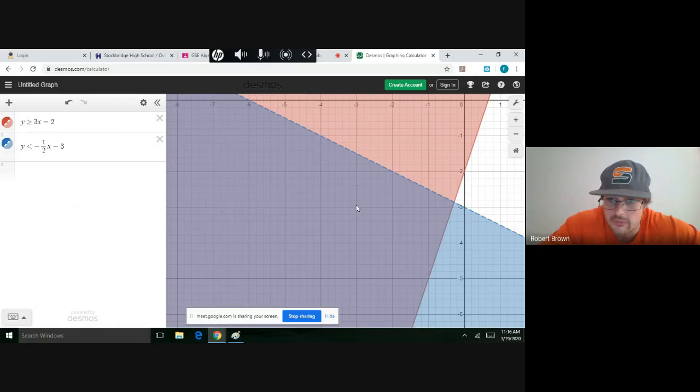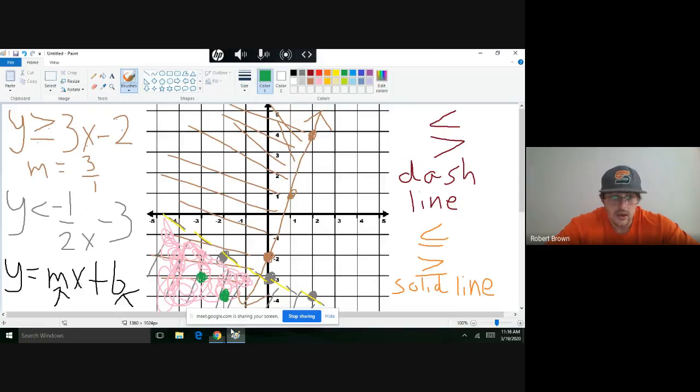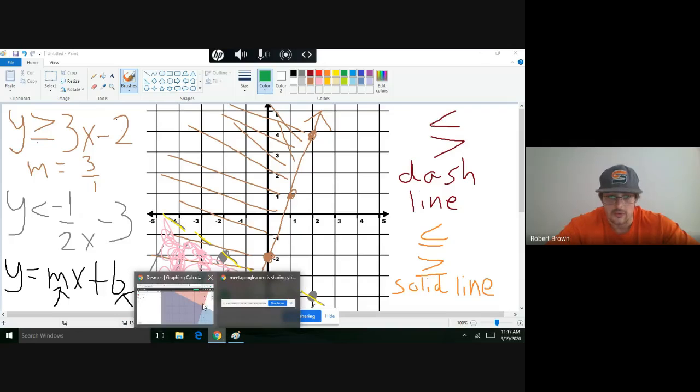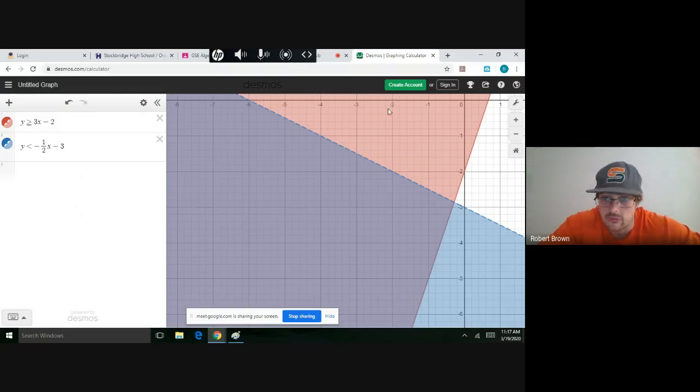So -3, -3 would be right here, and that's in the double shaded region. And then we said, what other point? -2, -4. If you look down here, -2, -4 is also in that double shaded region. So that's how you graph them by hand, and that's how you graph them by Desmos.